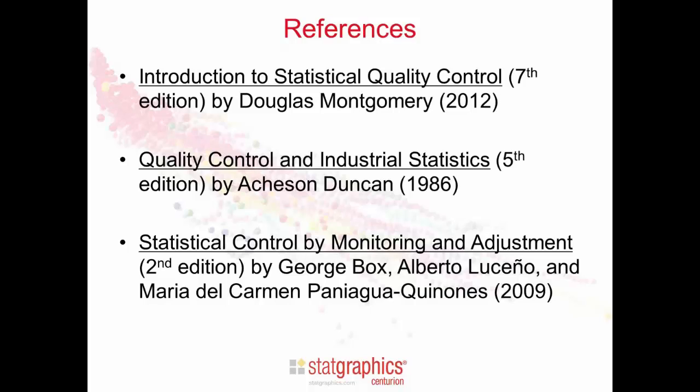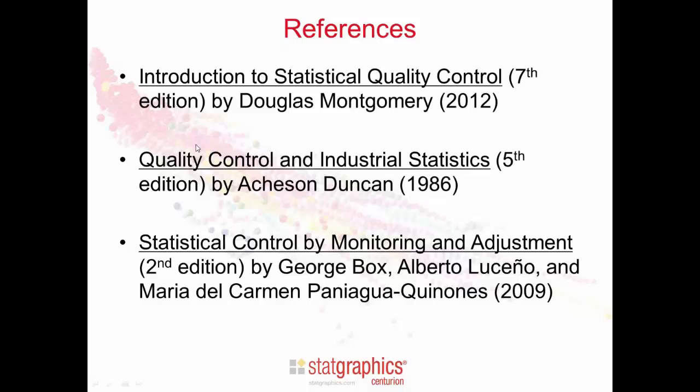It's called Introduction to Statistical Quality Control. It's in its 7th edition, and he has examples of every one of these special types of control charts. That would be my primary reference if I was you, to get all the mathematical details underlying these charts.